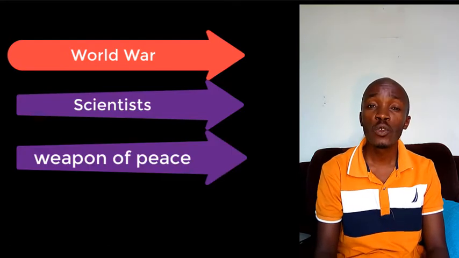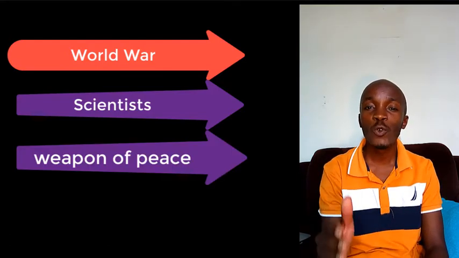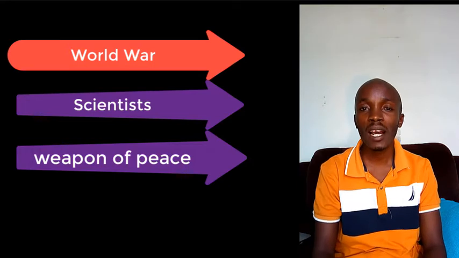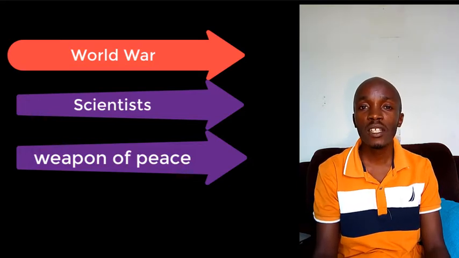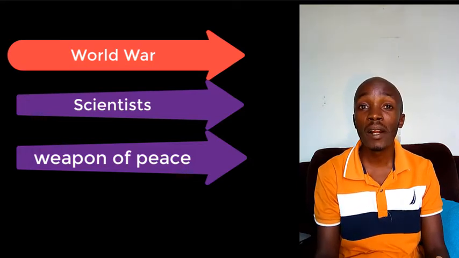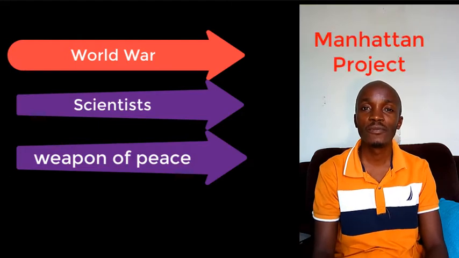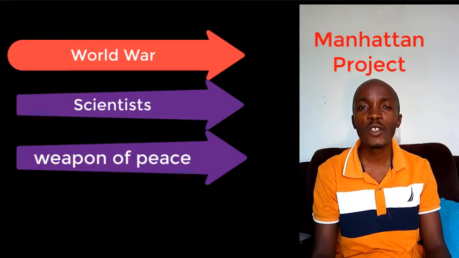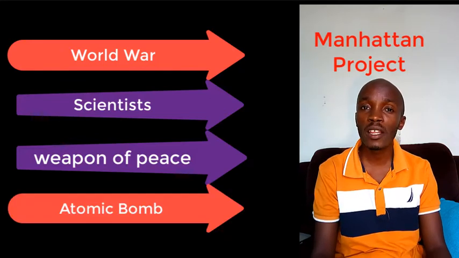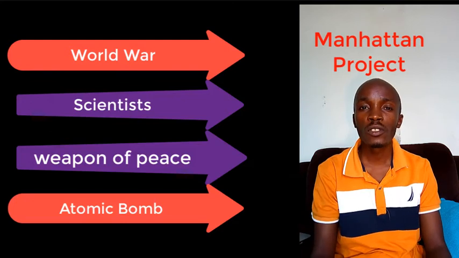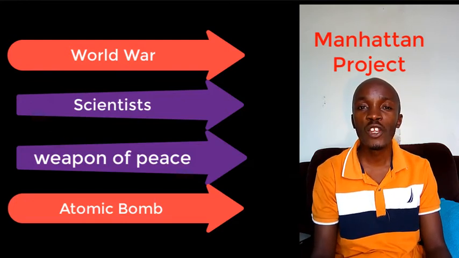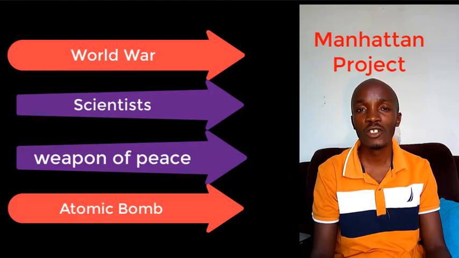This mission was well conducted, and it took place in a location known as Manhattan, and it famously was called the Manhattan Project. The foundations of this weapon of peace, also known as the first atomic bomb, or if you like, the nuclear bomb, was from what we call the nuclear binding energy.